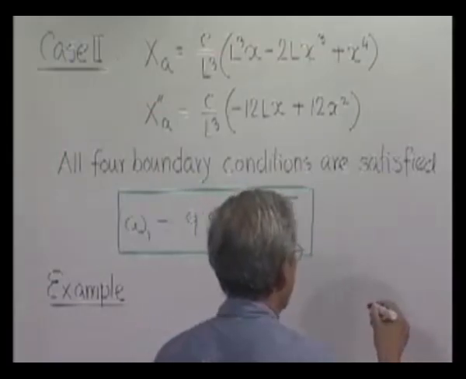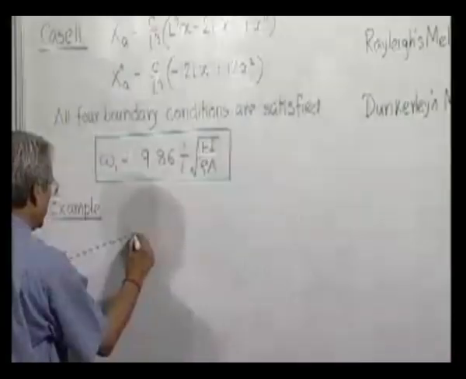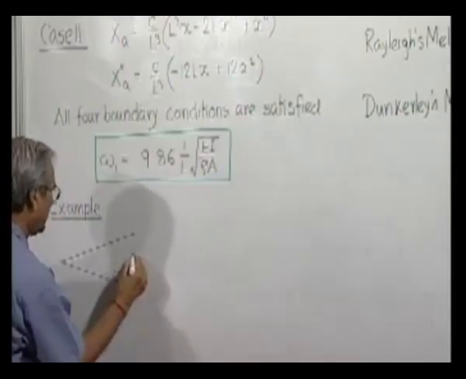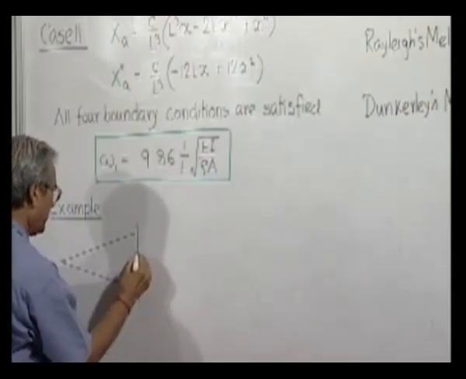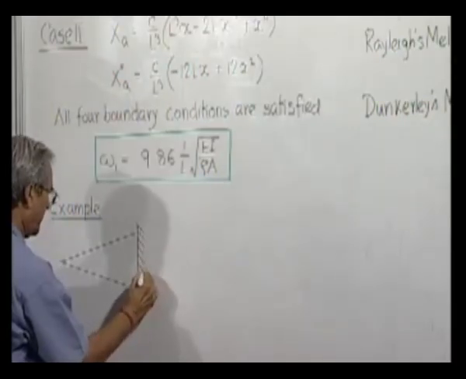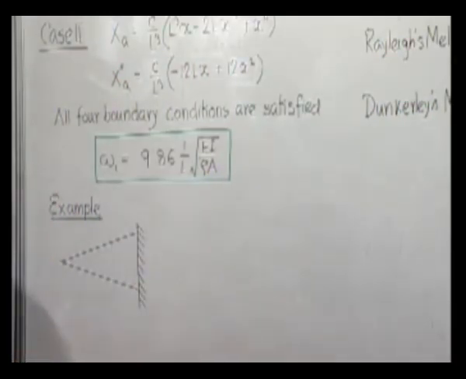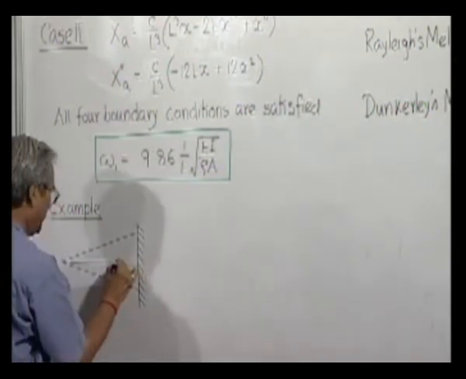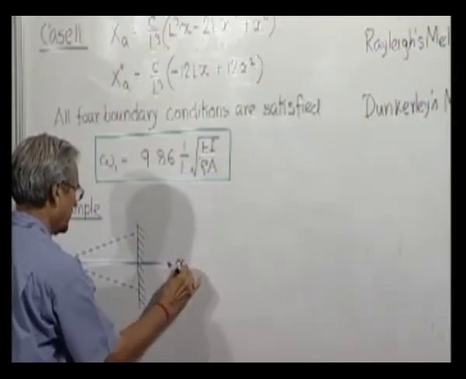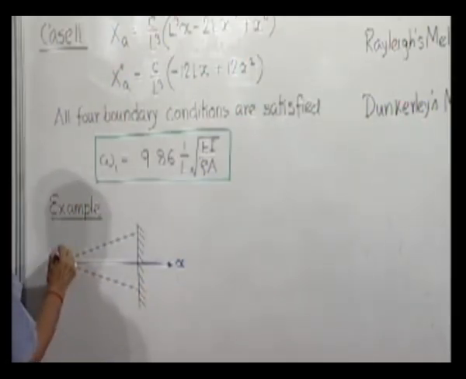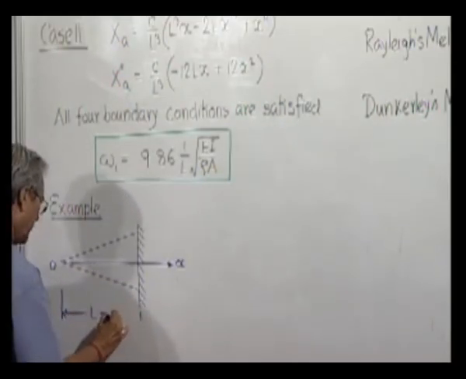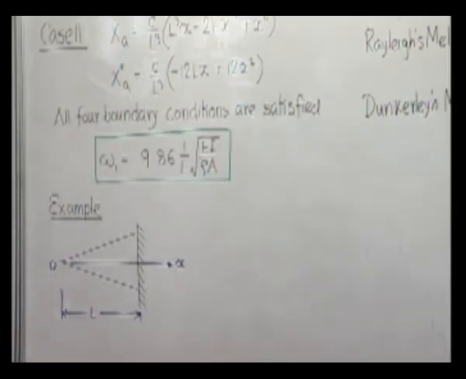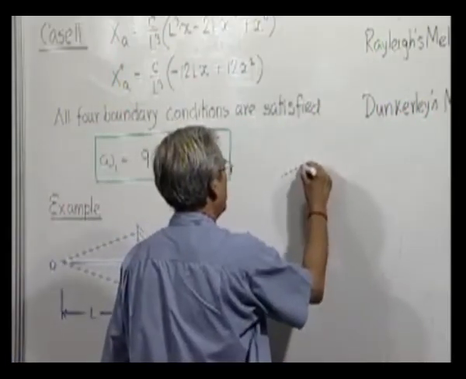This example is that let us take a tapered cantilever beam, the length of the beam is L as before, and the depth, that means in reality this beam is a cantilever beam with constant width.